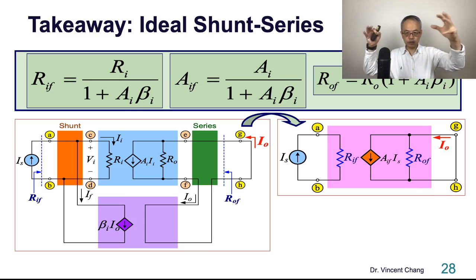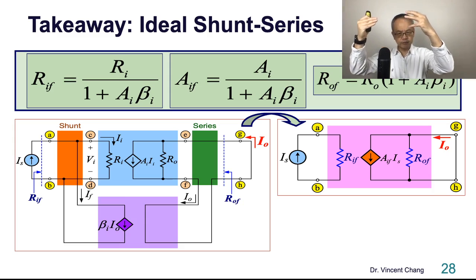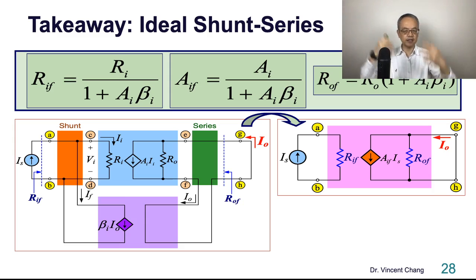So I think those two types of opposite topologies give you the answer or instinct for the last two topologies, which are the series feedback and the shunt feedback. So I look forward to seeing you in the next lecture video. Thanks for watching.